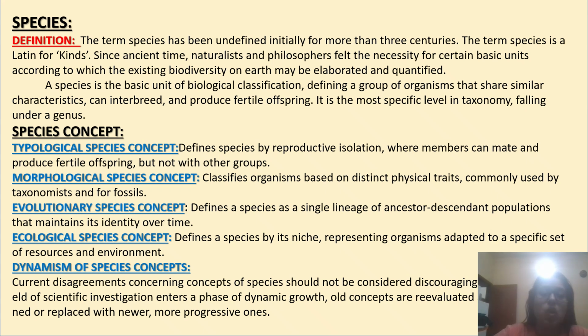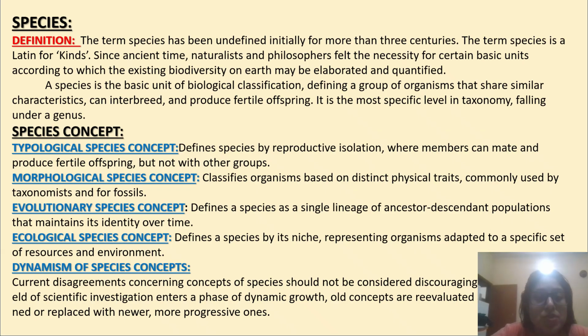Next, species concepts. There are many various species concepts. At first, the typological species concept defines species by reproductive isolation, where members can mate and produce fertile offspring but not with other groups. Next, the morphological species concept classifies organisms based on distinct physical traits, commonly used by taxonomists and for fossils.